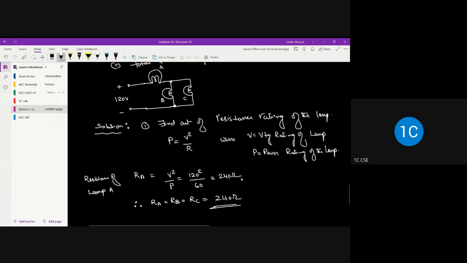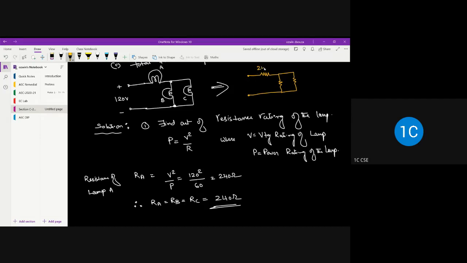So it is similar to having two resistors in parallel, and the combination connected in series with the third resistance.